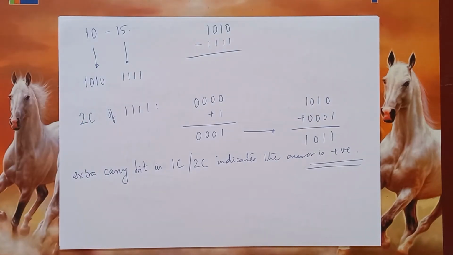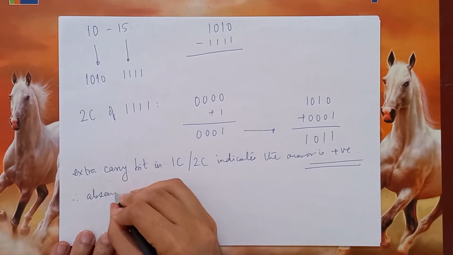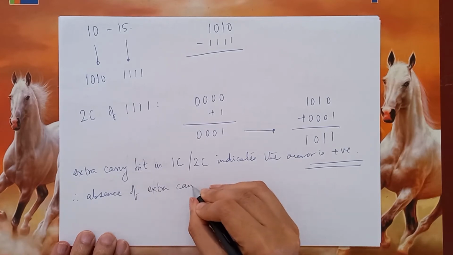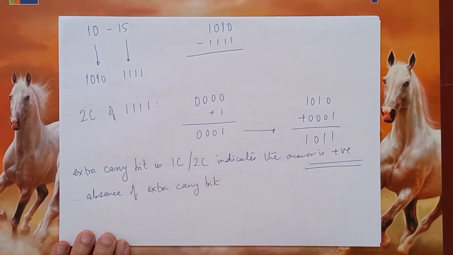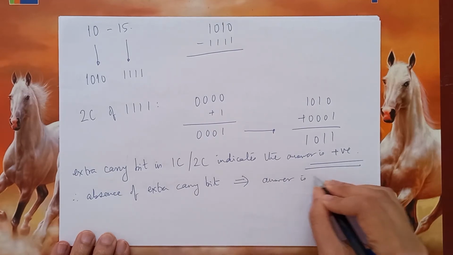Extra carry bit in this 1's complement and 2's complement indicates that the answer is positive. So therefore, absence of this extra carry bit indicates that the answer is negative.